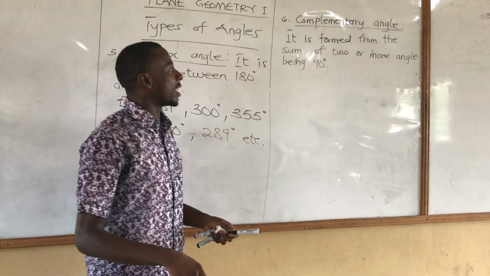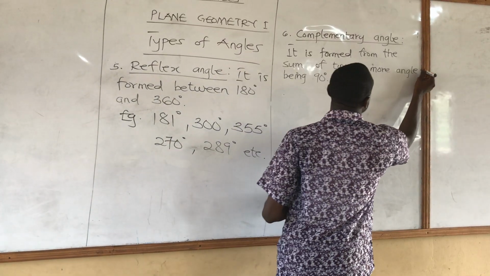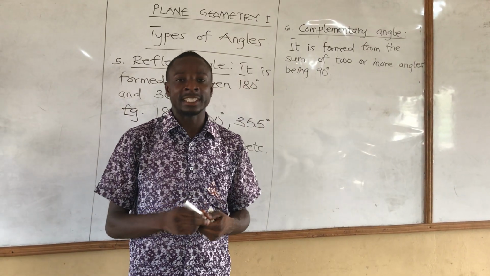Complementary angles are formed from the sum of two or more angles being 90 degrees.